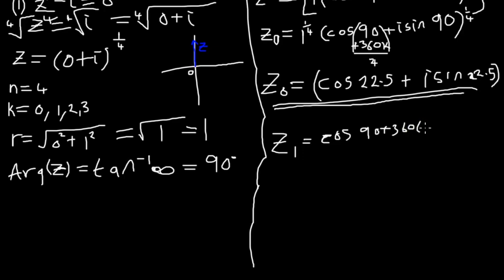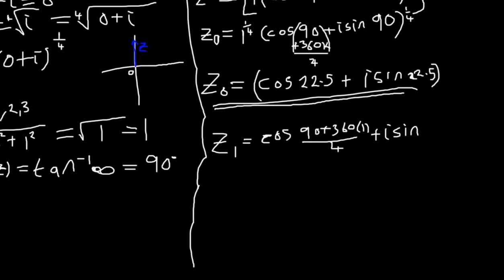My k now is equal to 1. Then everything over 4, plus I sine of 90 plus 360 times 1, then everything over 4.